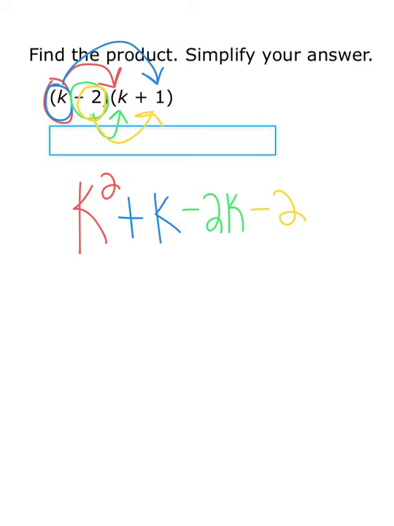So whenever I simplify and combine my like terms, I would get k squared. I can combine these k's. This is really like 1k minus 2k. Well, I know 1 minus 2 would be negative 1, so this would become negative 1k, or just negative k, and then minus 2.